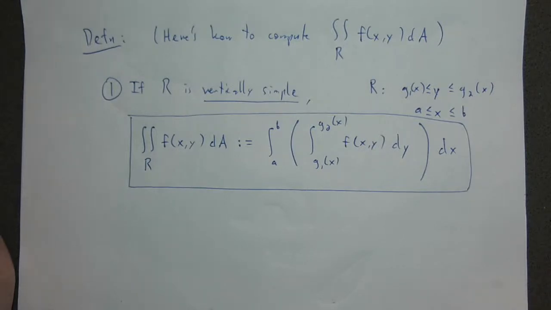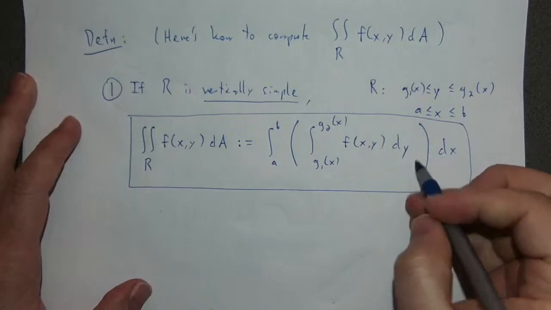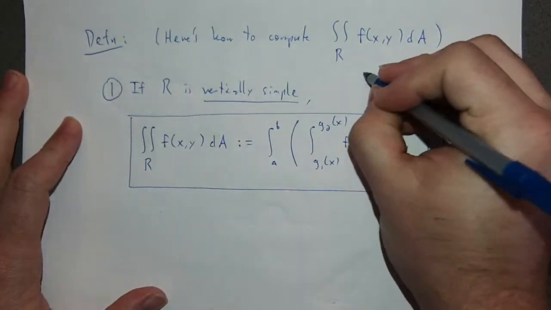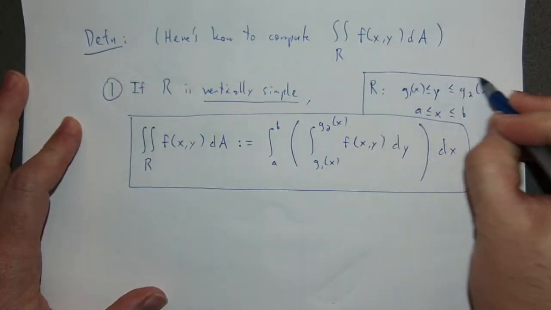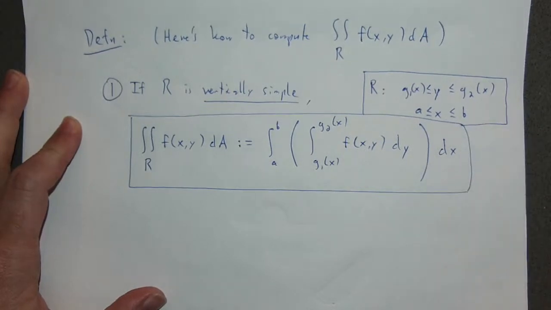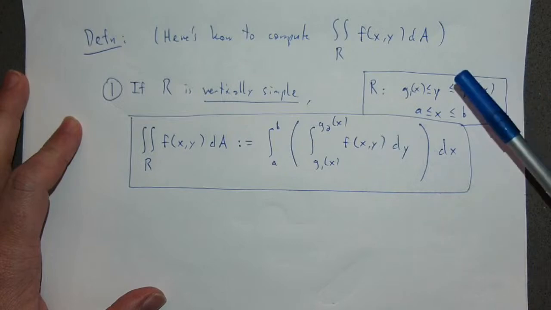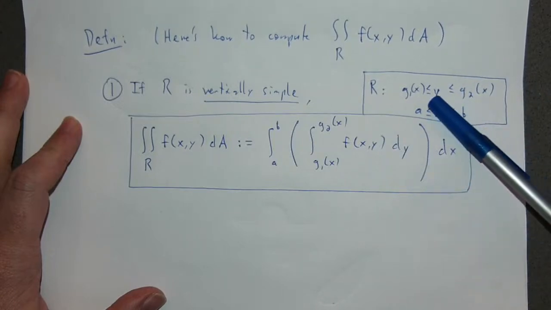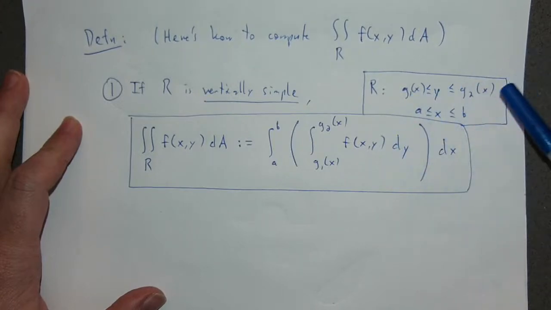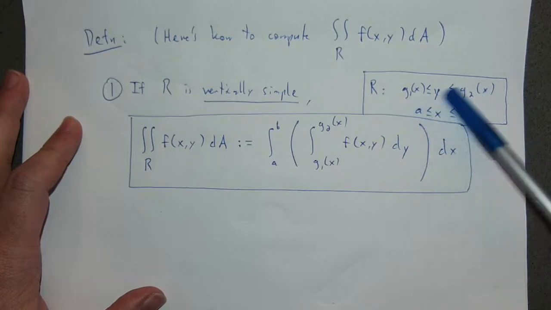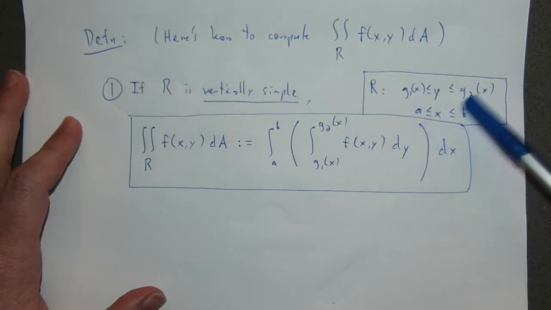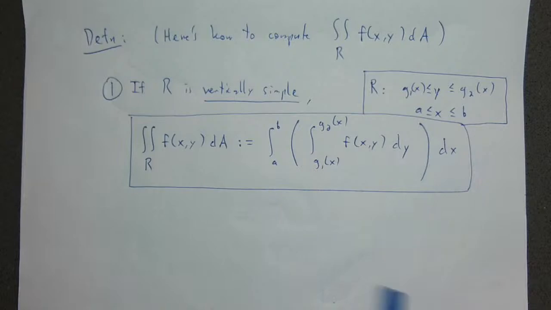So if R is vertically simple, and the way that we're going to write that is our region is able to be described as the region where the y value is bounded above and below by the functions g sub 1, g sub 2, and this is on the interval [a, b].